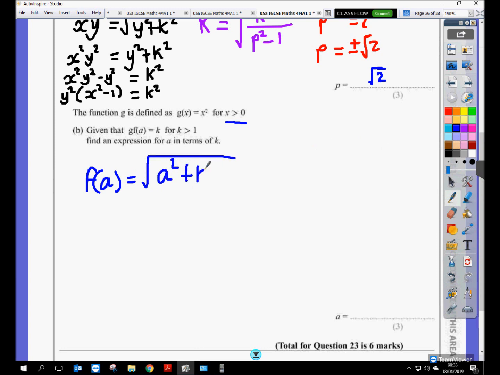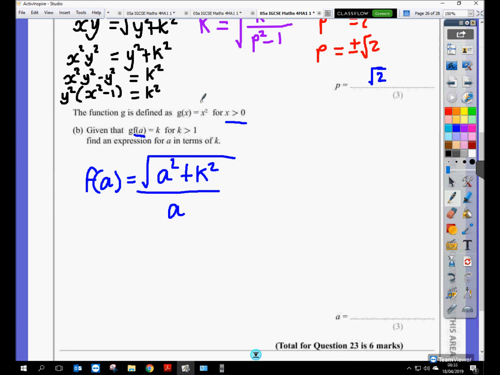So it's the square root of a squared plus k squared over a. Now, g of this is equal to k. When we have composite functions, this bit on the right-hand side goes into the first letter. So it's g of this.